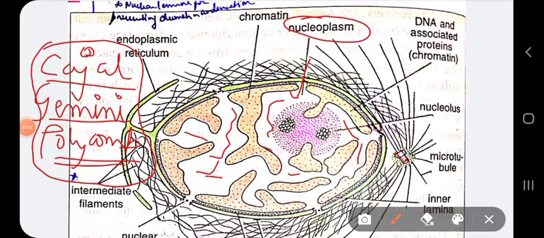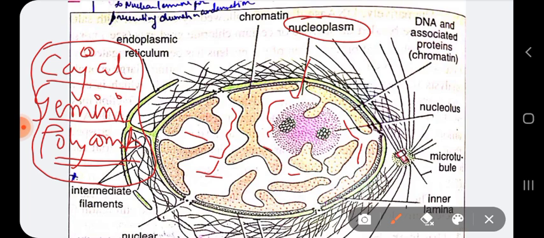Cajal bodies are regions within the nucleus that are enriched in proteins and RNAs involved in mRNA processing.